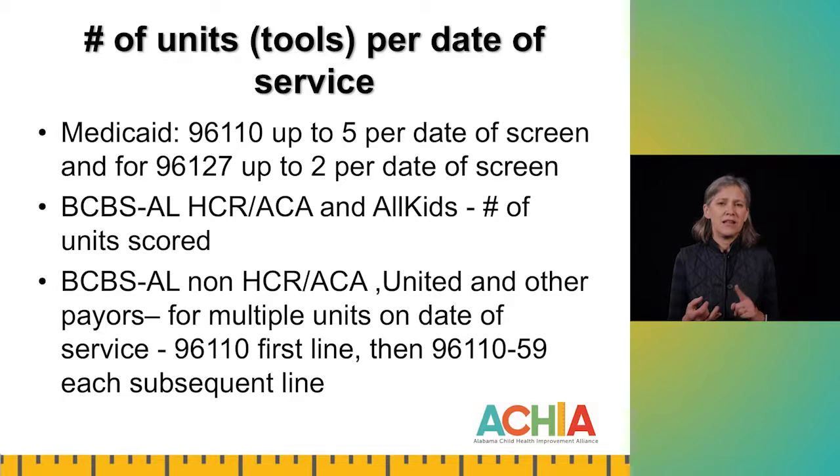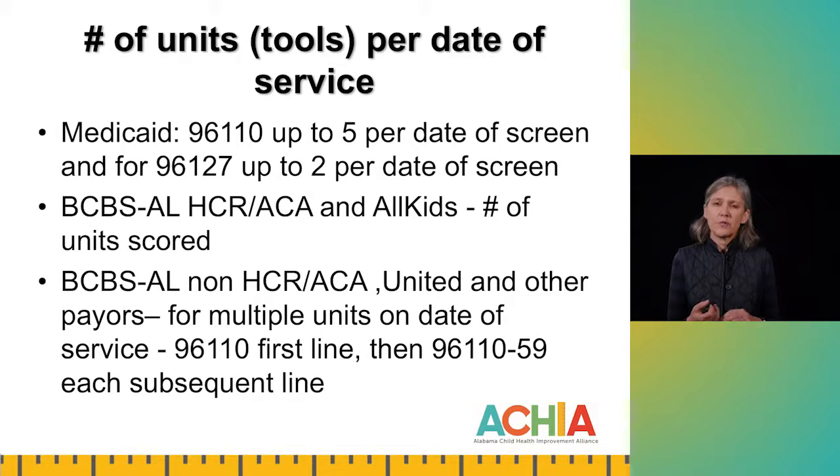At the 18 and 24 month, you'll screen with the ASQ3 and the MCHAT, so you would put in 2 on those dates. And then if you're using the ASQ-SE in this collaborative, you can bill a 96127, and you can bill up to 2 per date of screen. Now, in this collaborative, you would only ever need 1.